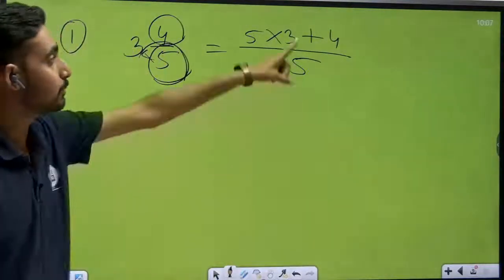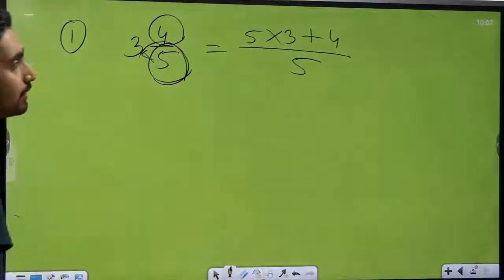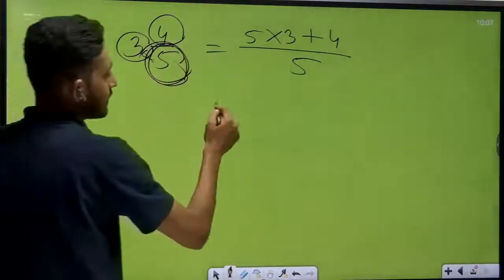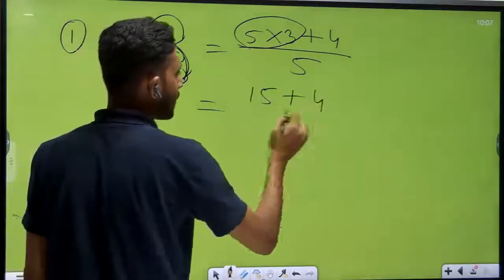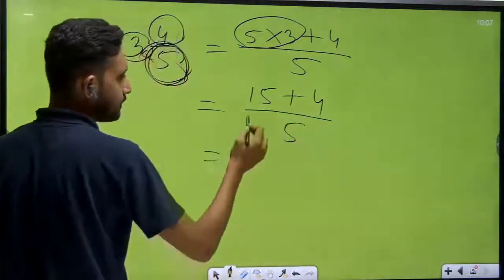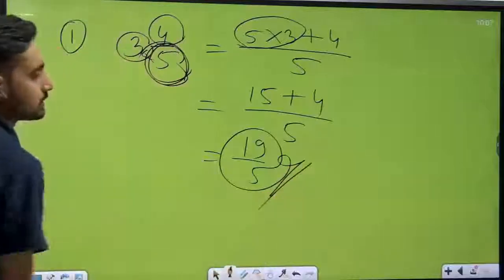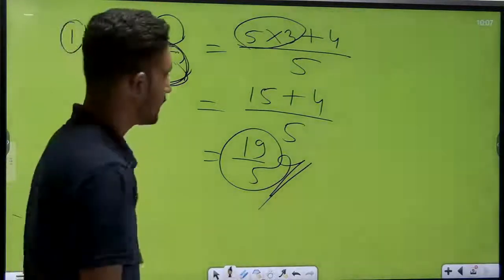But whatever numerator you make, the new numerator, how will we make it? Like this, 5 into 3 plus 4. So the answer will be 5 3s are 15 plus 4 upon 5. And 15 plus 4, 19 upon 5. That is your 100% correct answer. Okay? Understood all of you? Very simple? Yes.